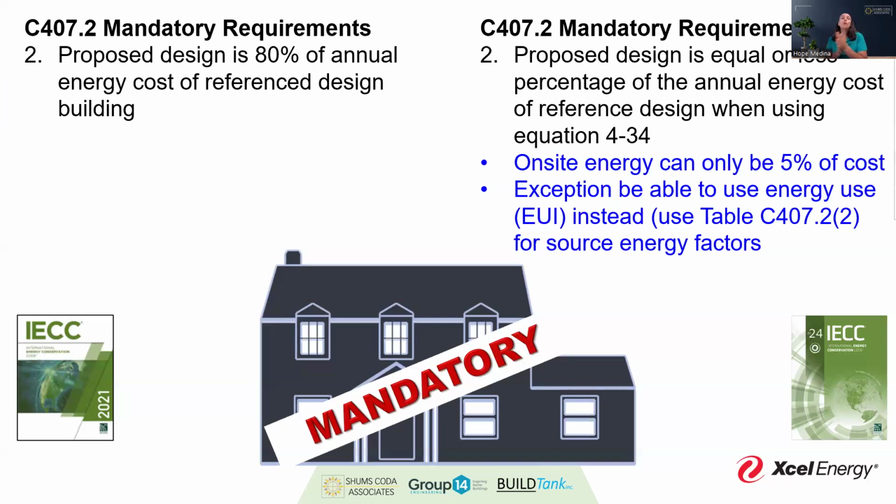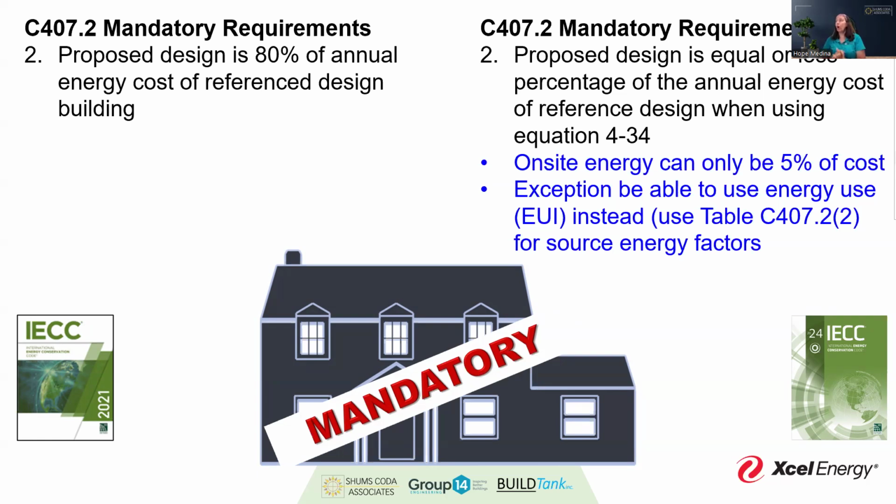Now, for the 2024, it goes into a little bit more detail as far as how you're going to look at all that. So what it says is that your proposed design is equal to or less of the percentage of the annual energy cost of that reference design when you are utilizing equation 4-34.